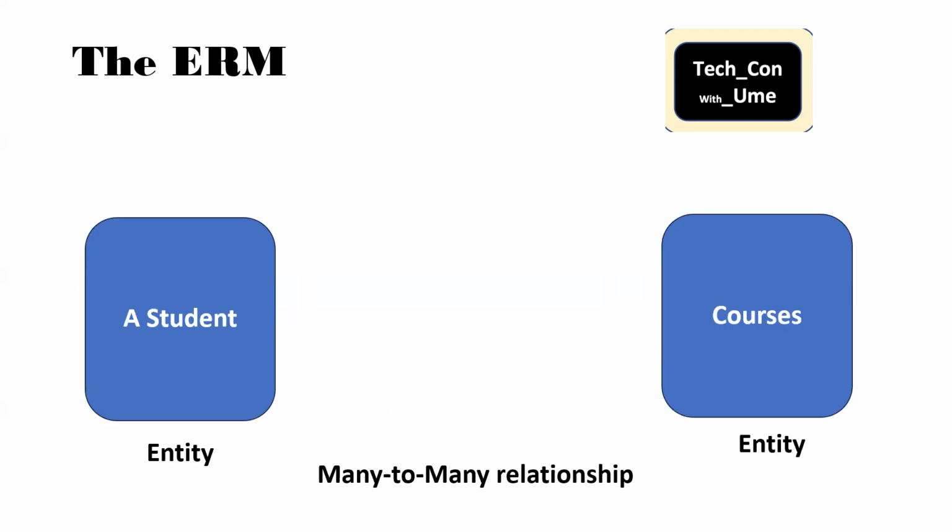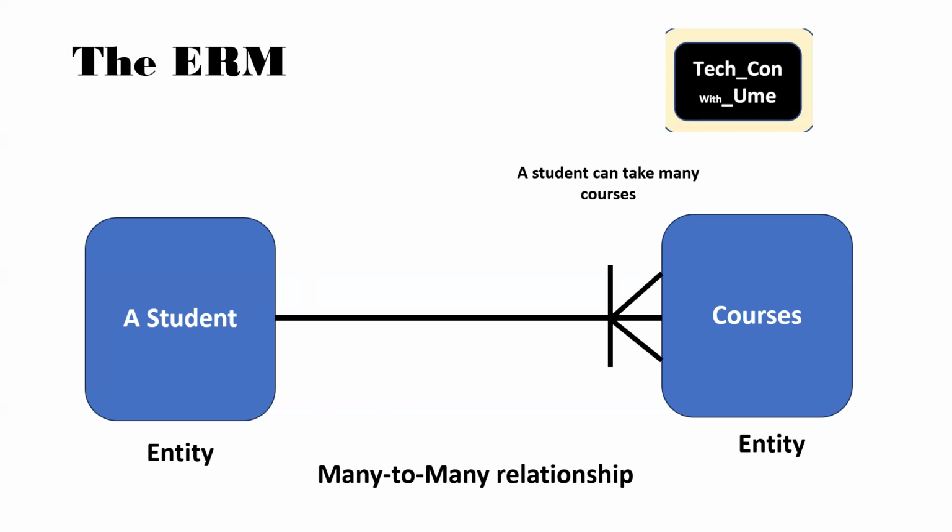And this illustration shows us an example of a many-to-many relationship. Here, a student can take many courses, but also a single course can be taken by many students.